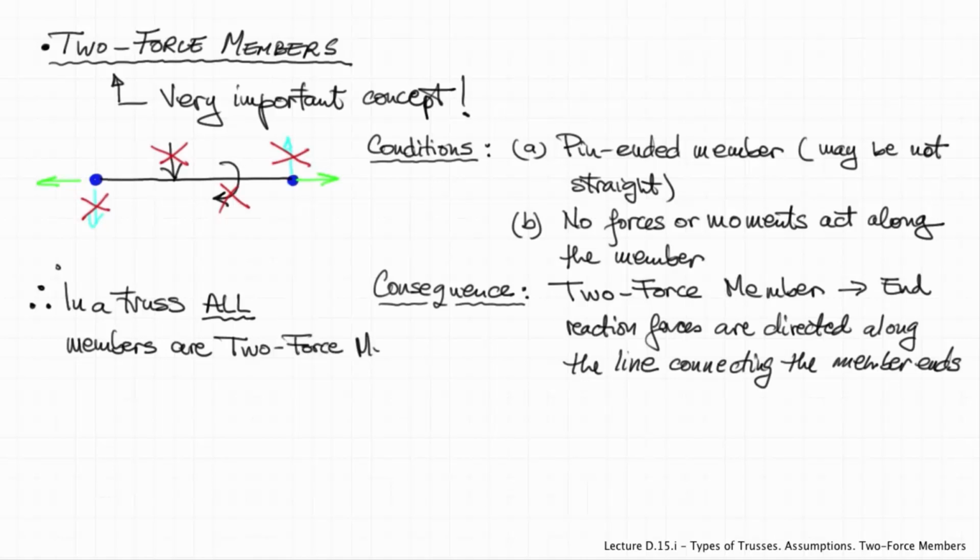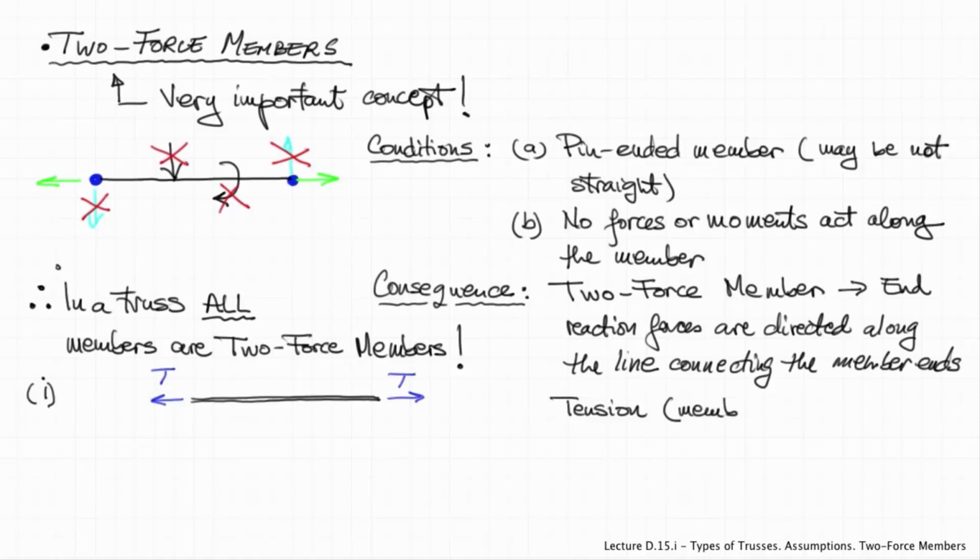Now, because in a truss all members are pin-ended and all forces act at the joints only, all the members in a truss will be two-force members. That means that if we draw the free body diagram of a member in a truss, like this one, say the member is in tension, so the forces tend to make the member longer when they act on the member.